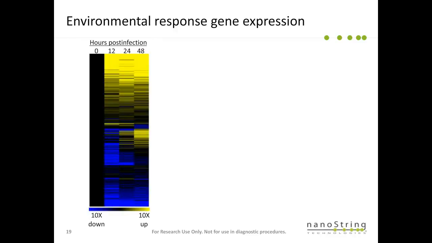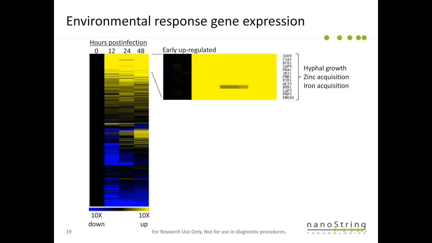The baseline is the 0 time point, where the Candida is right before it gets injected into the mouse bloodstream. At the 12, 24, and 48-hour time points, we collected samples from 3 to 5 mice, did the profiling, calculated the average expression level, and made this figure.